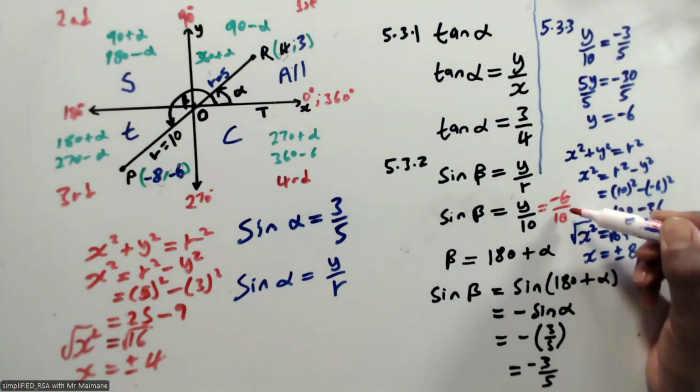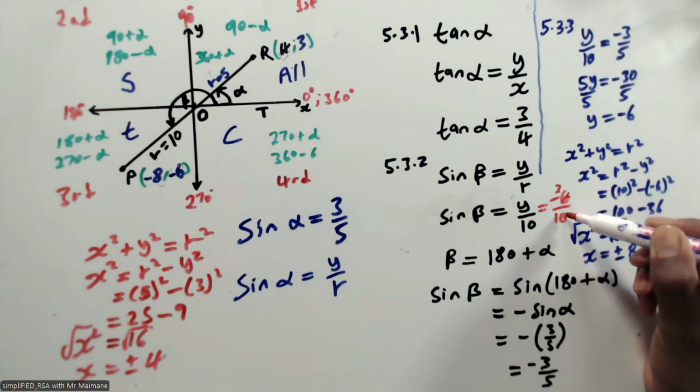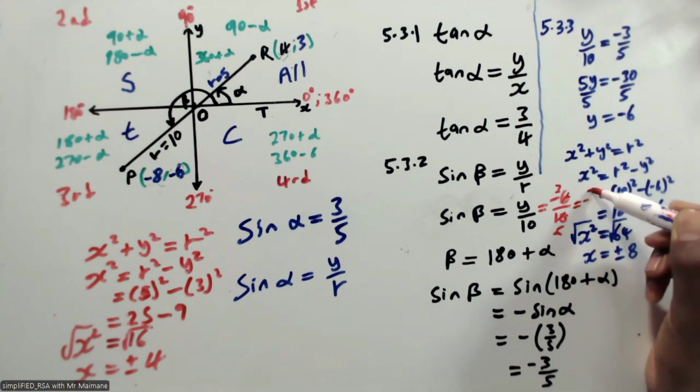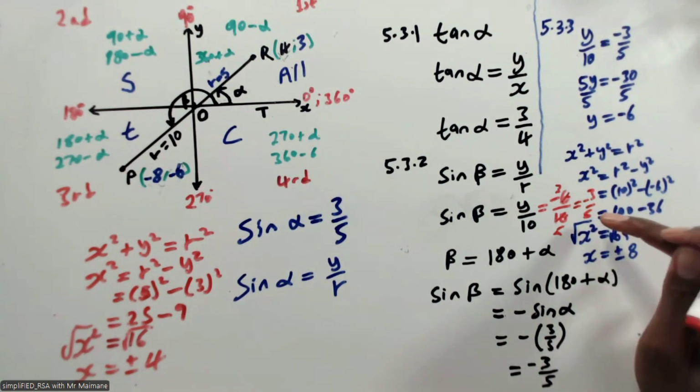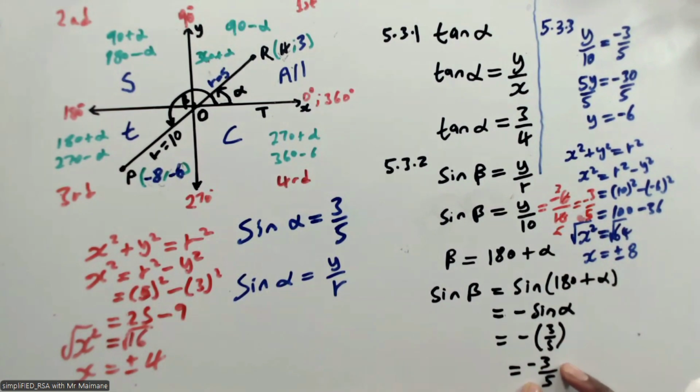This can be divided by 2 on both sides. 2 goes 3 times here, 2 goes 5 times here, and it would end up being the same as minus 3 over 5, which is the very same value as it is here. So that's how the whole thing works. That's how far we can go with questions like this. I hope everything makes sense.